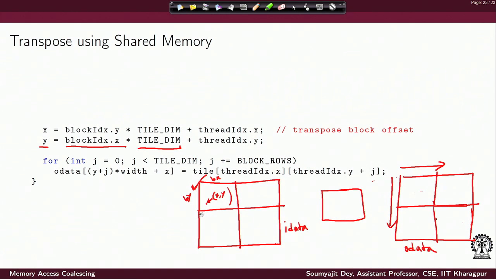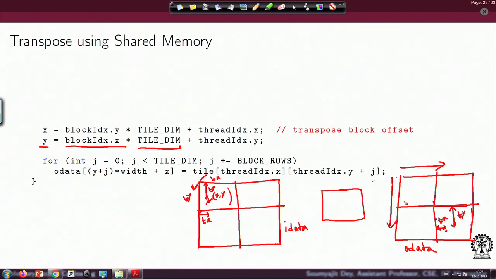To be more specific, consider this was your original Tx and Ty. Now, you are in the flipped block here, but in the flipped block, when you are calculating the x and y position, you do not change your Tx and Ty, you consider the same Tx and Ty position.